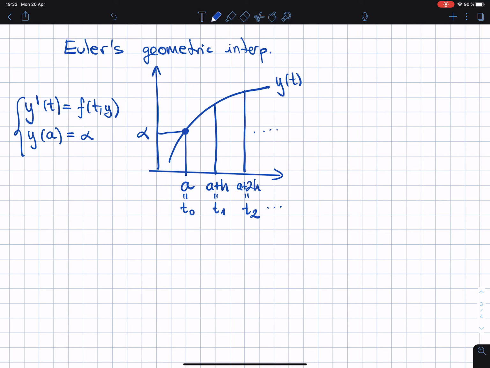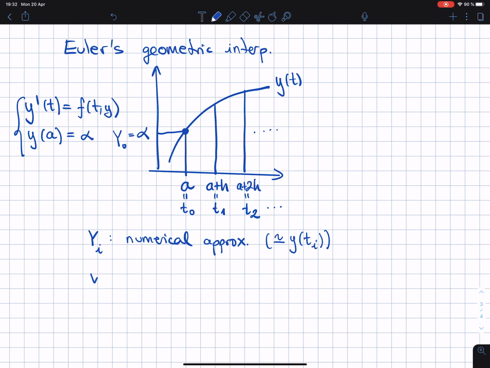Okay, for the first point, I would define Y0. Remember that capital Y is nothing but the numerical approximation I'm trying to find. So it's a number that is supposed to approximate the value of the exact function at point ti.